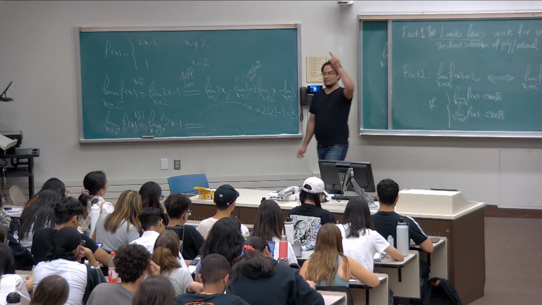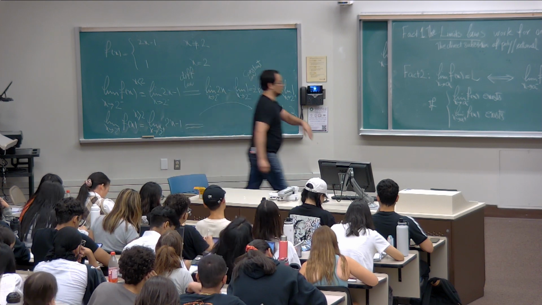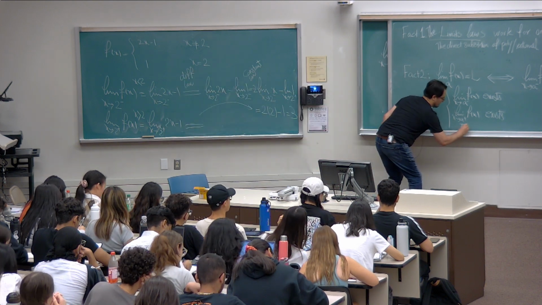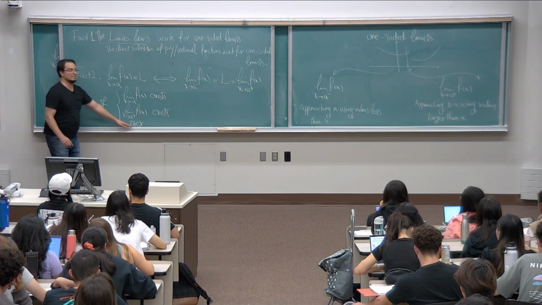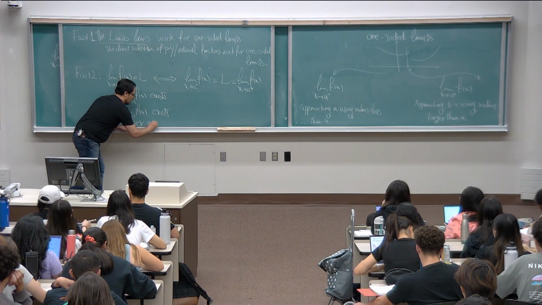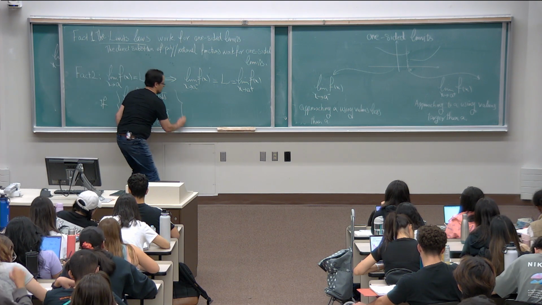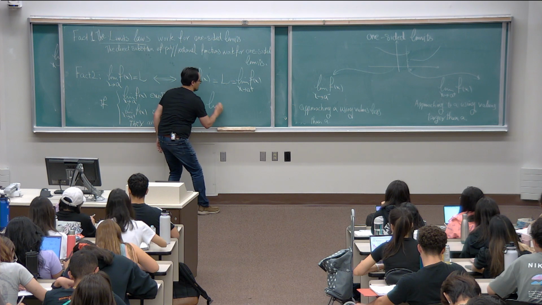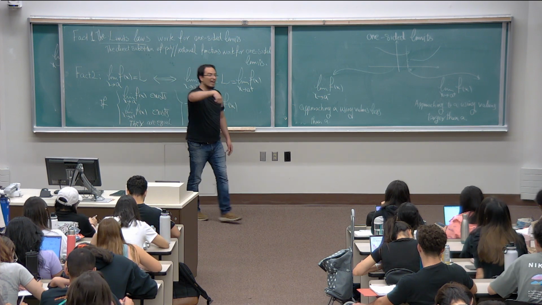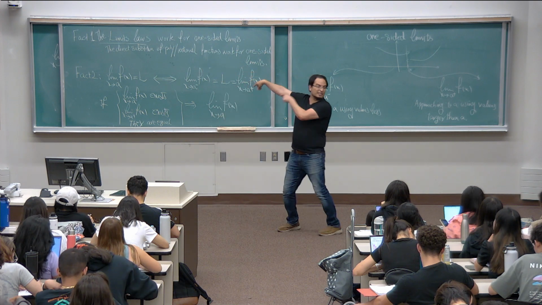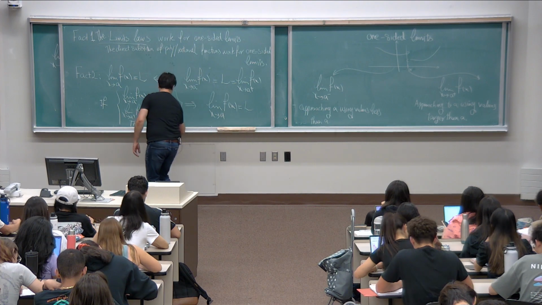So there are three things: the left exists, the right exists, and they are equal. I'm sorry for the ones that are back there, but this says they are equal. Then you can conclude that the limit of the function exists, and the value is the value that you found for the left and right. So this is L, say.